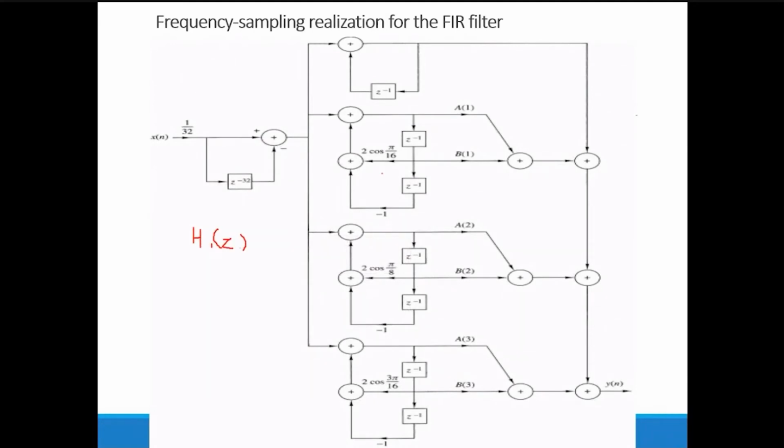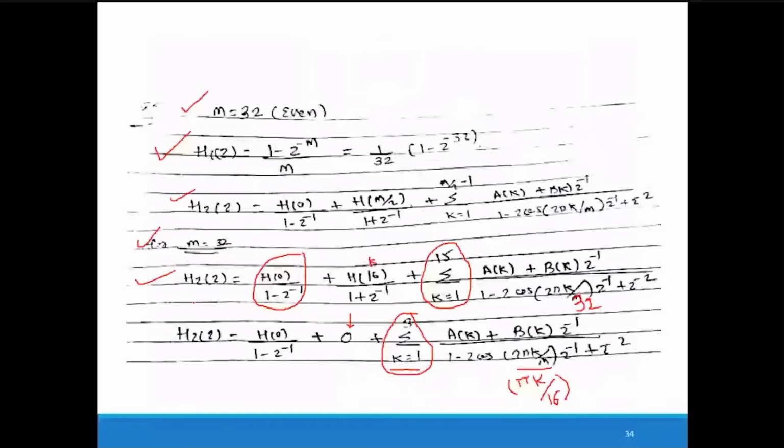And as I told you, the second structure we have to implement in a parallel form. So the first part of this equation is H0 divided by (1 - z^-1). This is the first equation.